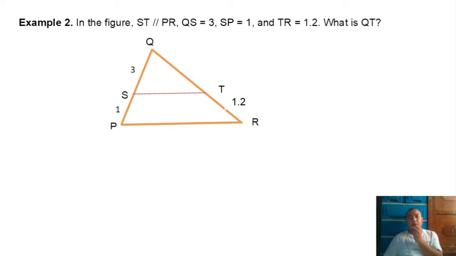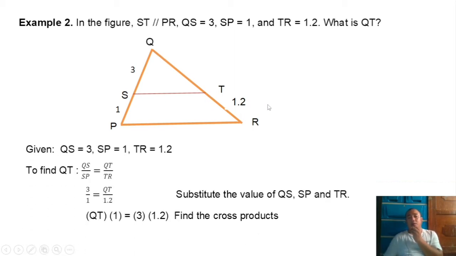In the figure, ST is parallel to PR, QS is 3, SP is 1, TR is 1.2. What is the length of QT? So what will be our equation here? QS over SP is equal to QT over TR, or 3/1 equals QT over 1.2.